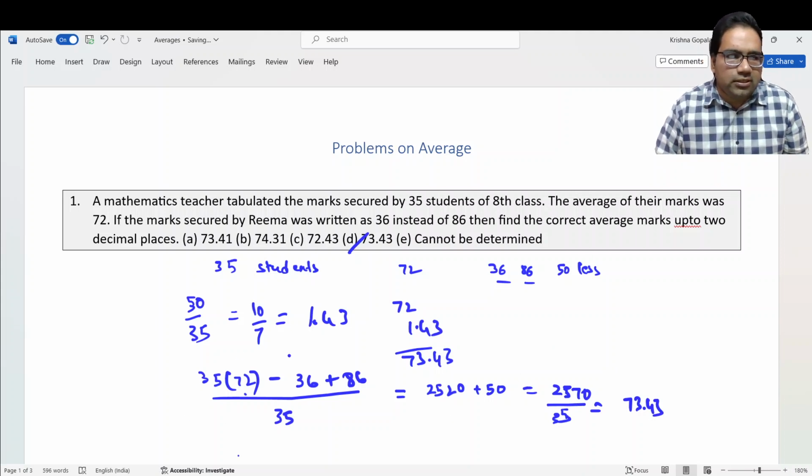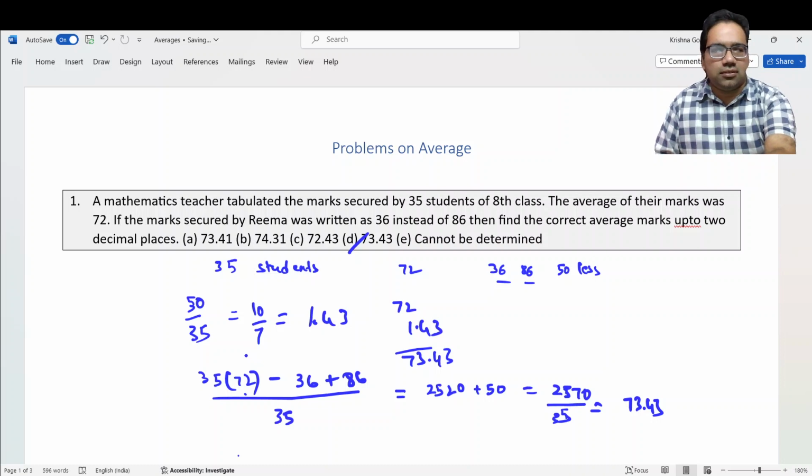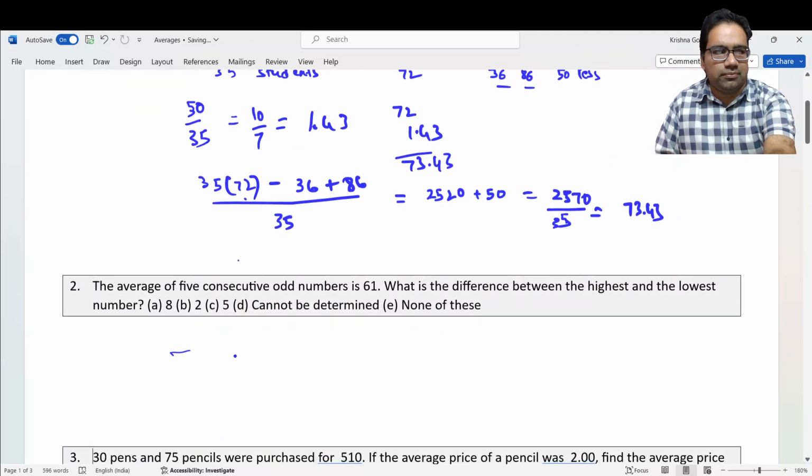Instead, what we had done is a very easy way. What is the easy way? 50 more marks have to be added, 50 marks by 35 students. This is a very easy calculation. 10 by 7 is 1.43. 1.43 is to be added to 72. That is 73.43. Correct? Now let's get to the next problem.